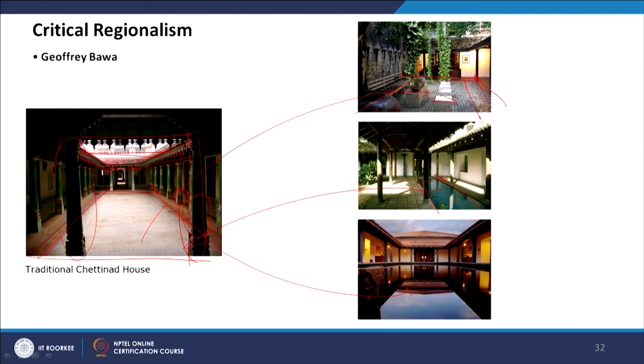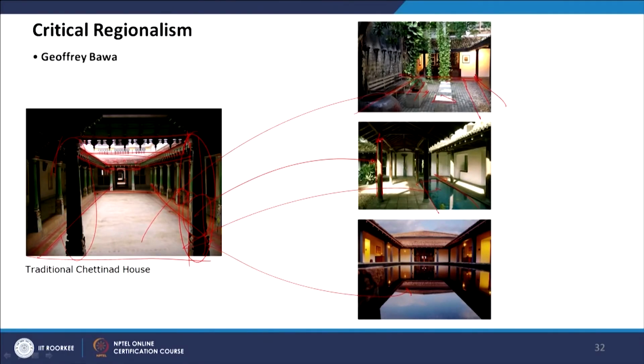So the Chettinad column, which was a vernacular style with a lot of elements, is translated into a pure circular column, but the proportion of a Chettinad column is retained in each and every design. From the circle, it becomes a cuboidal column, but you can see a clear connection to the Chettinad style column.